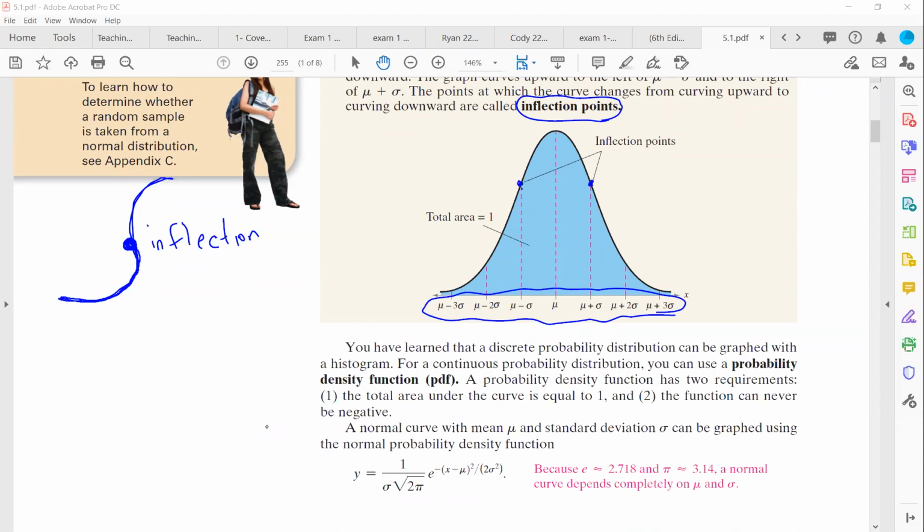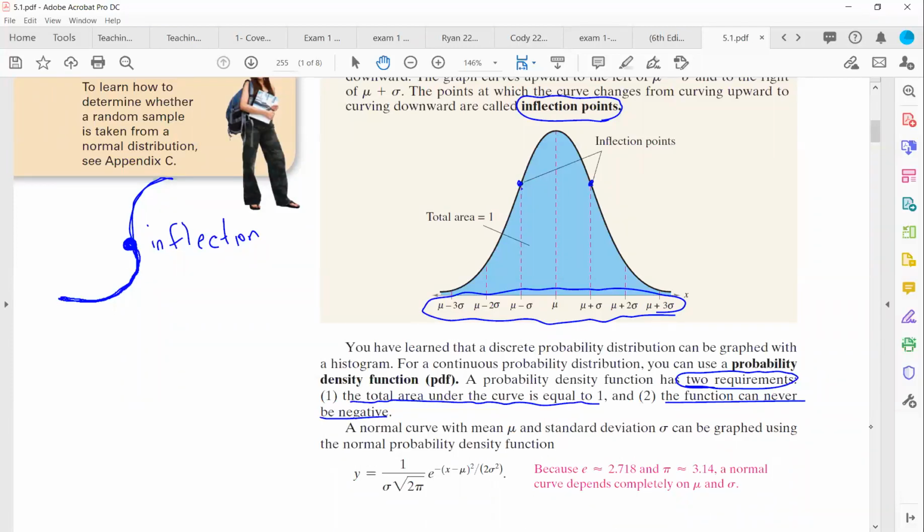A probability density function has 2 requirements. First of all, the total area under the curve is always 1. And the second requirement, the function can never be negative.